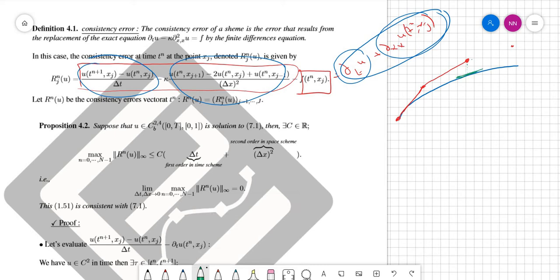Okay, let me change this point just to have something interesting. What would be the difference if we use this green direction as our direction, since it's the exact derivative, or if we use this blue direction as our direction? What would be this error between both? This is the consistency error.